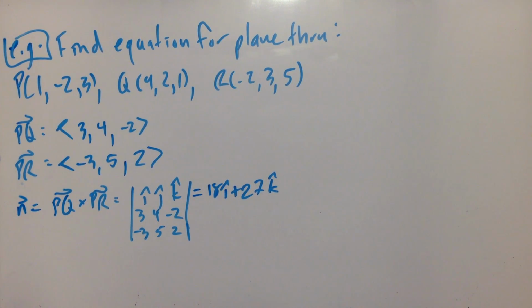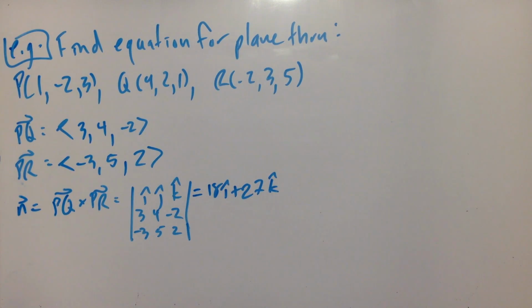Here, the analog of the slope, really the thing that tells us the direction of the plane, is our normal vector, which tells us what direction is perpendicular to the plane and therefore specifies what directions are parallel to the plane. So, the first thing we're going to do is figure out what the normal vector is.